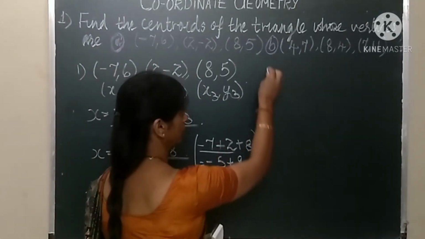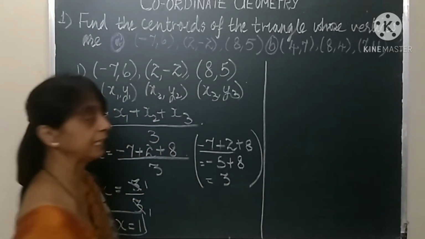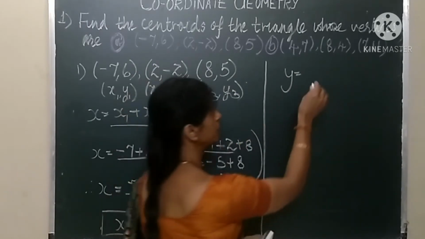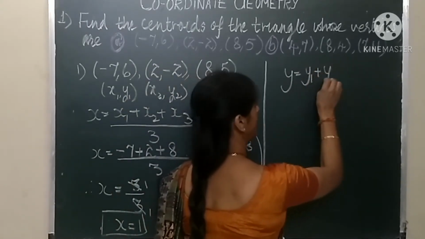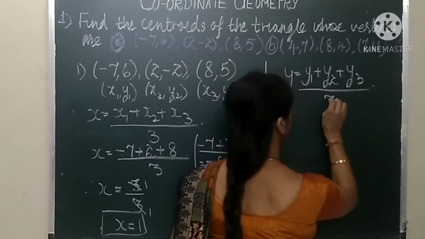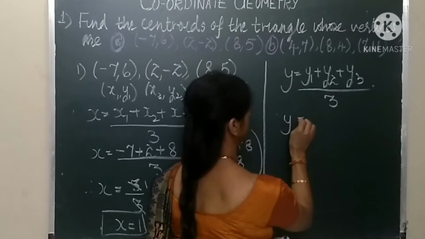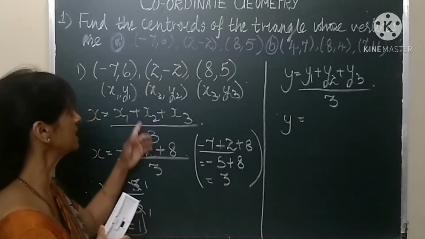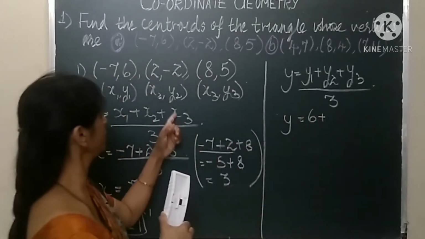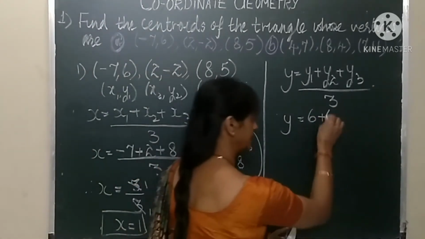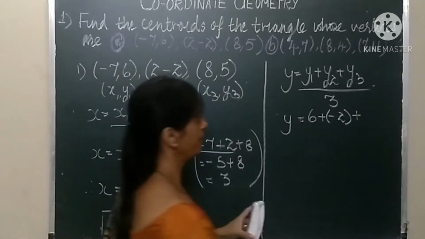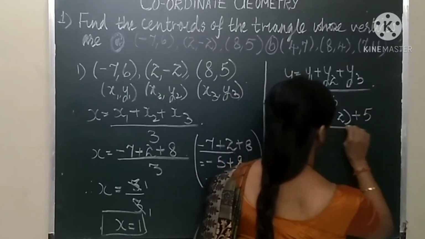Now, to move on with finding the y coordinate. So, what is the formula? Let's jot it down. y is equal to y1 plus y2 plus y3 upon 3. Thus, y is equal to, the next step, definitely substitution. y1 is 6 plus y2 is -2, so let's insert a bracket, plus y3, that is 5, upon 3.